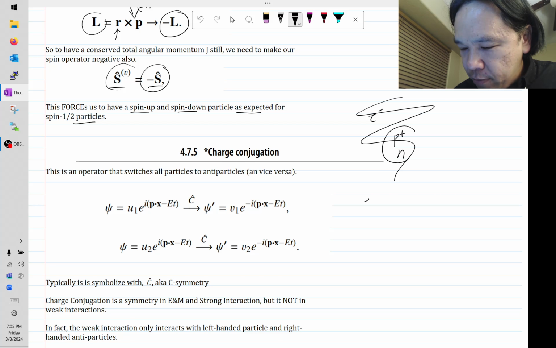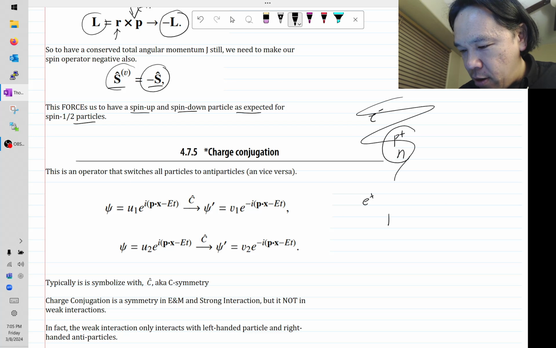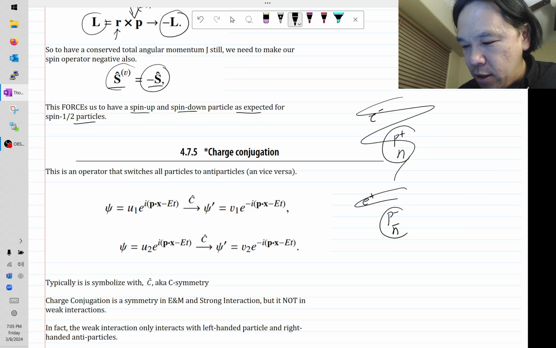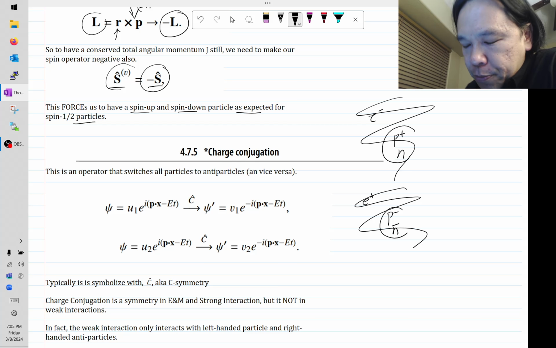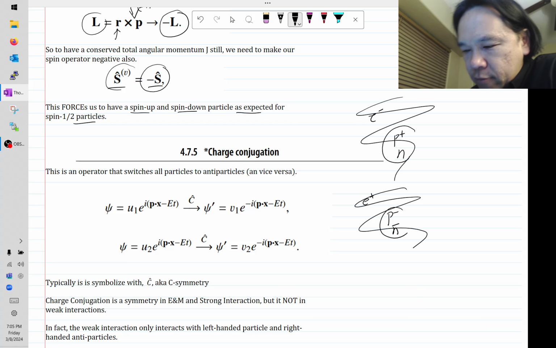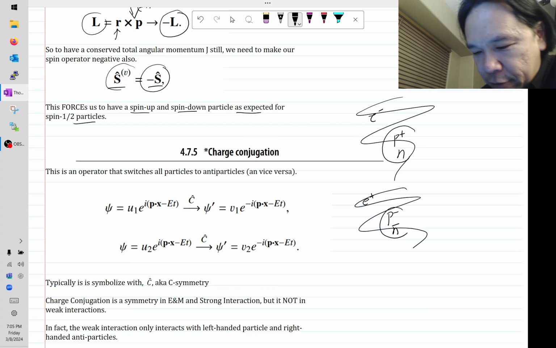But if you have positrons, the antiparticle universe, then you have an antiproton and an antineutron. These will also form atoms, and you can make a whole universe out of that. It just happens that we live in our universe, therefore we define our universe to be the particle universe.